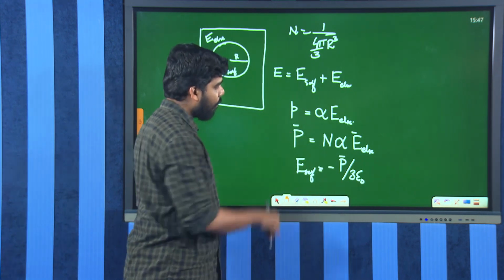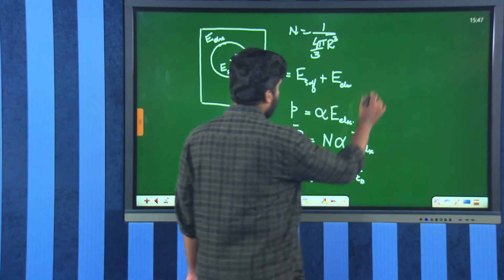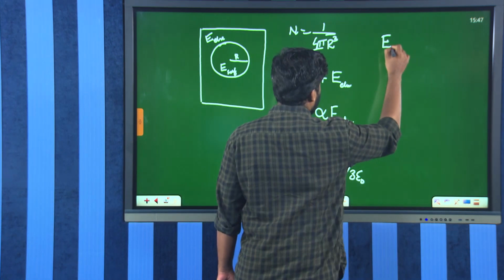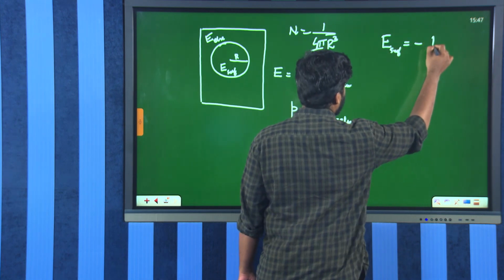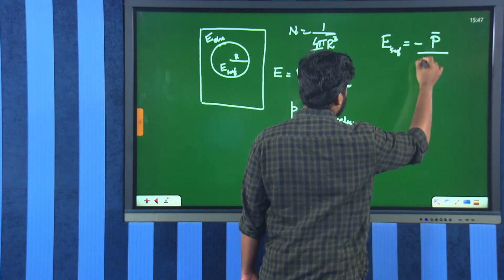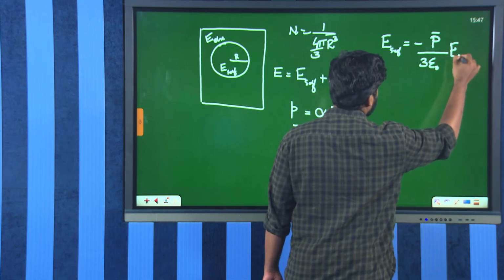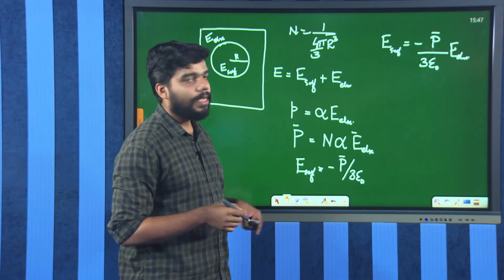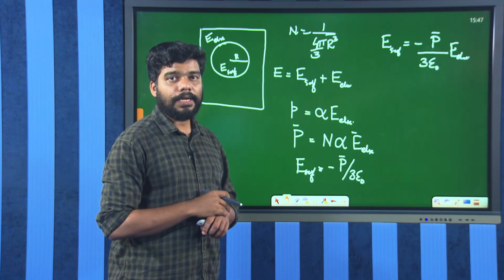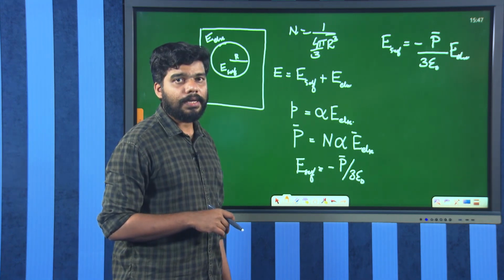And what is this P? P is equal to n alpha into E else. So, I have to write E self as equal to minus n alpha E else by 3 epsilon 0. So, I have to substitute for this E self in the equation E is equal to E self plus E else.